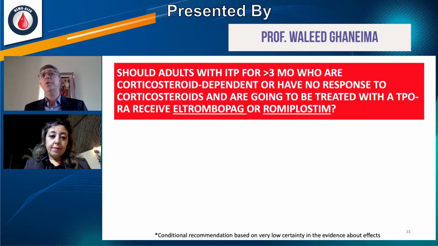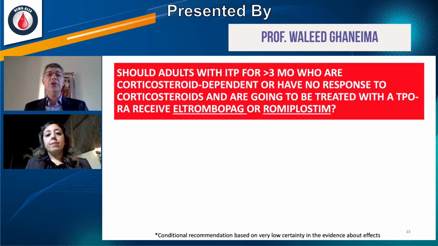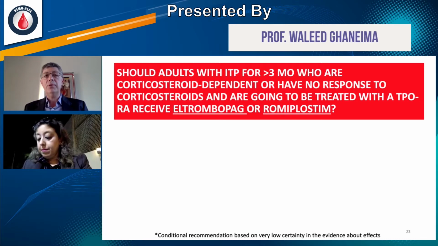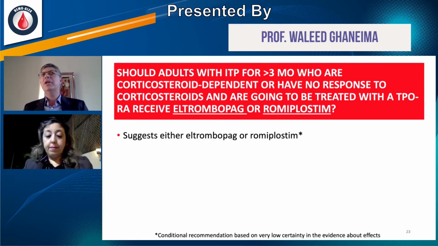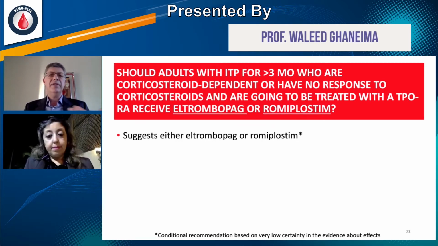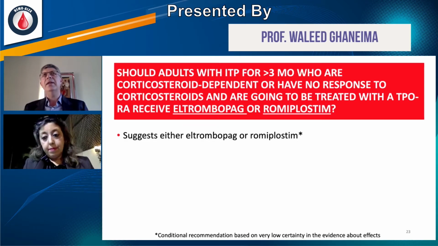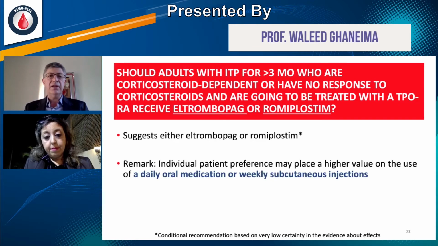And finally, if the patient decides and we decide to give the patient TPO mimetics, would we choose eltrombopag or romiplostim? The panel suggests either one of the two because we know they are equally effective. They have different administration patterns and routes, and the side effect profile is more or less the same with some differences.